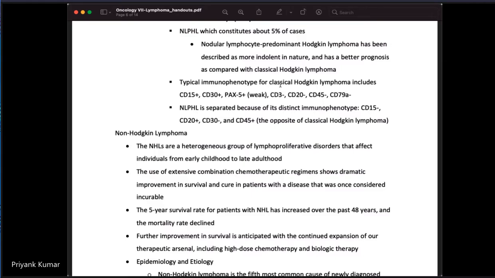Now, for classical Hodgkin lymphoma, the typical immunophenotypes or the markers are CD. So these CD are cluster of differentiation markers. And this type of nomenclature, CD, you see this number, right? CD15, CD30, right?